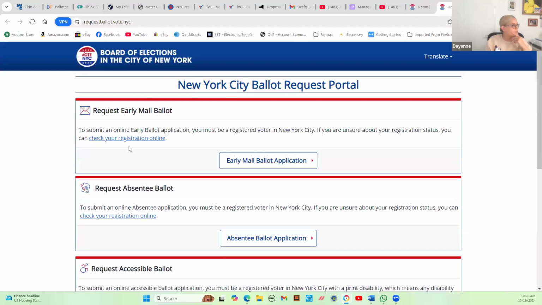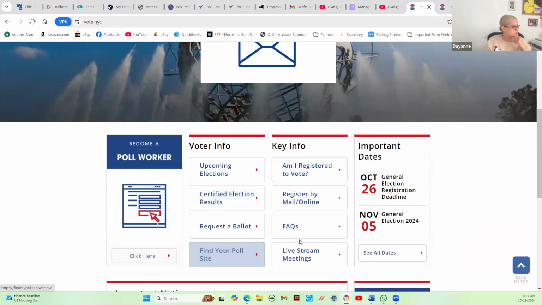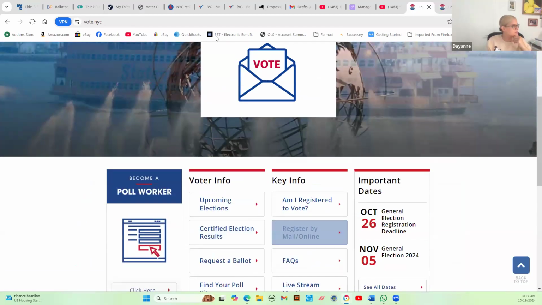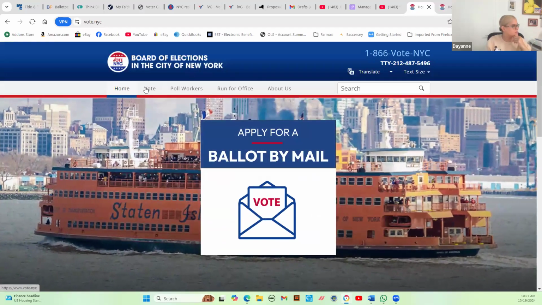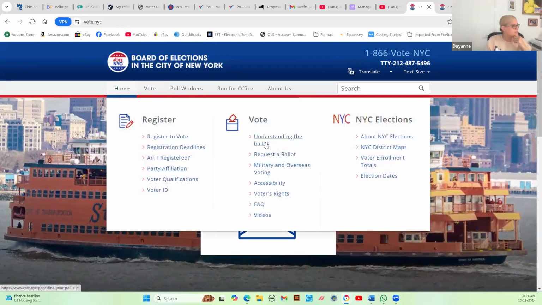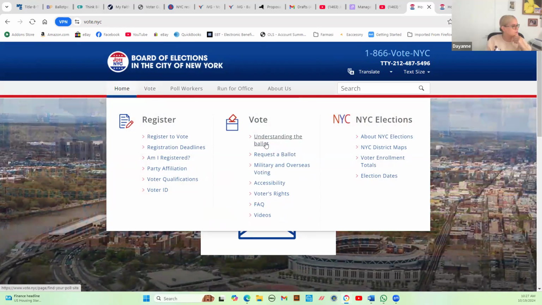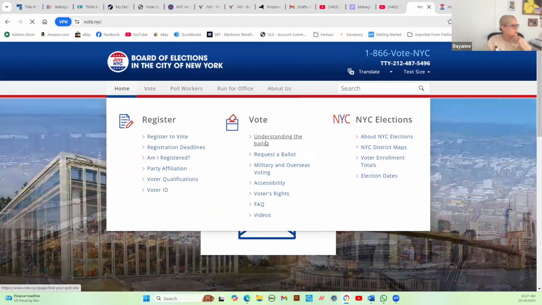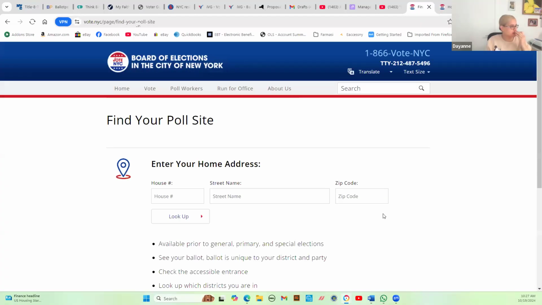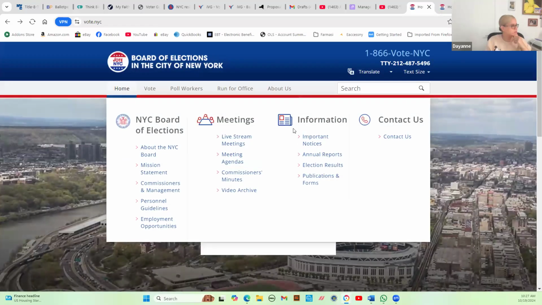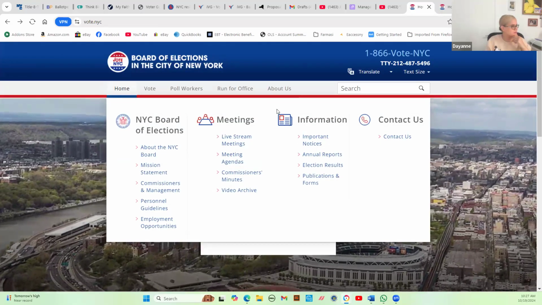Now let me go to the regulations on absentee ballots. Hold on a second, I have to find that one. Vote. Understanding the ballot. Resources. Let me click on this one quickly and see what it gives me. No, this is not what I want. I want to show you the regulations with regards to the mail-in ballots.